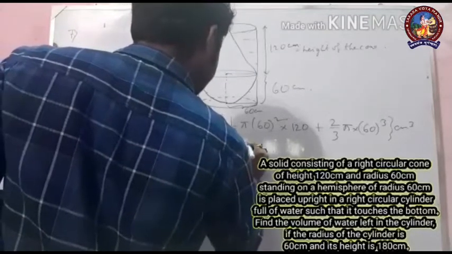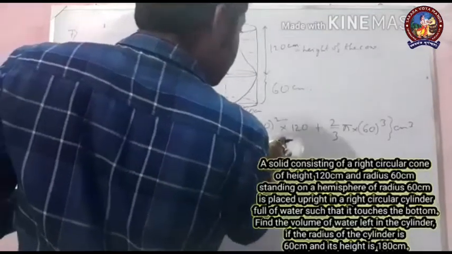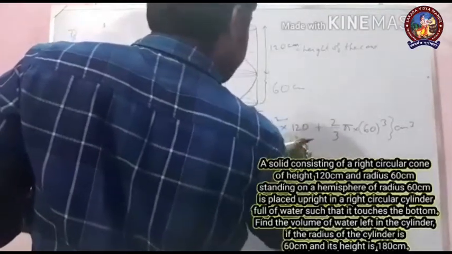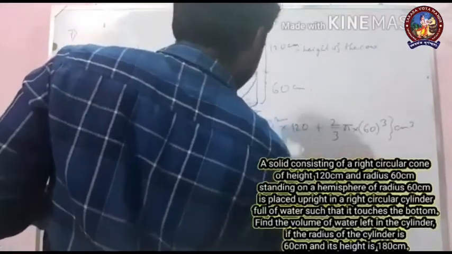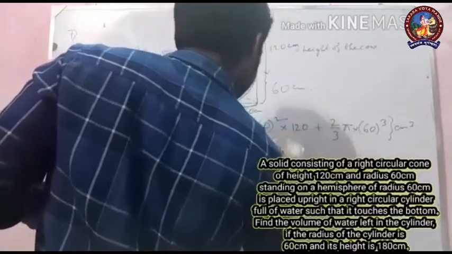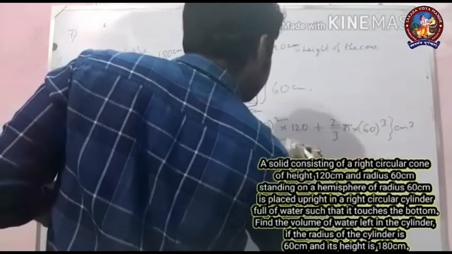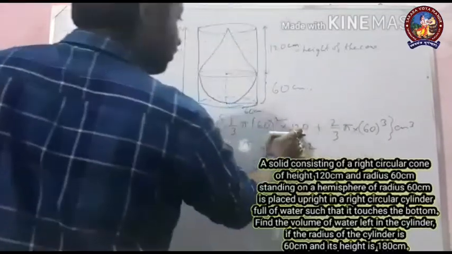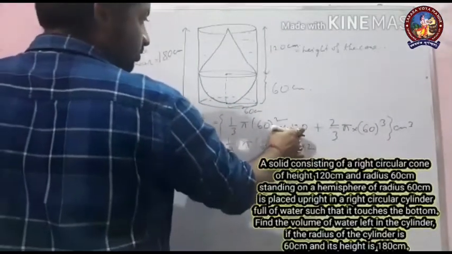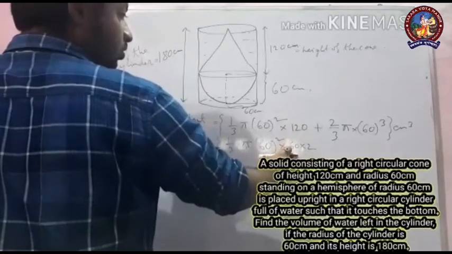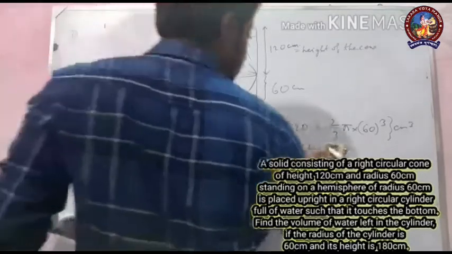1/3 into pi. Here I have pi r square and pi r cube. Okay, let's break it. Then 60 square into 60 into 2. I break this 120 into 60 into 2.